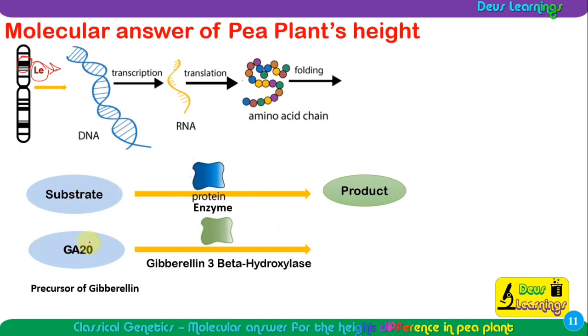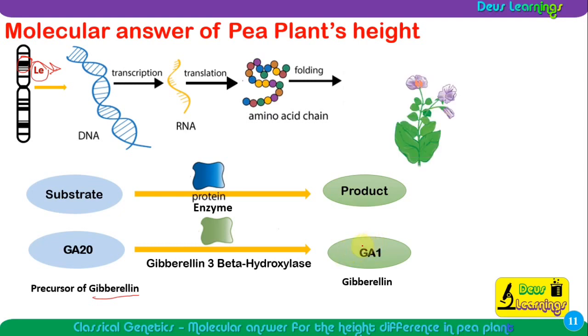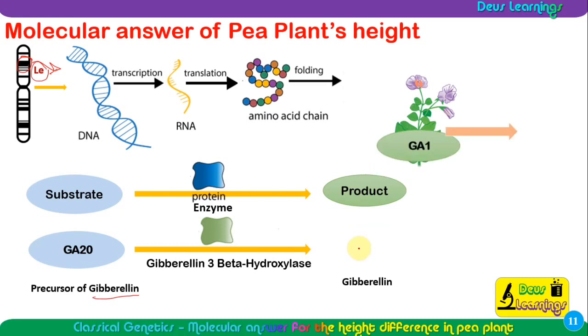It converts the precursor of gibberellin, GA20, into gibberellin by the enzyme gibberellin 3-beta hydroxylase. And what does this gibberellin do? It promotes the elongation of the stem, and because of this the plant becomes taller.